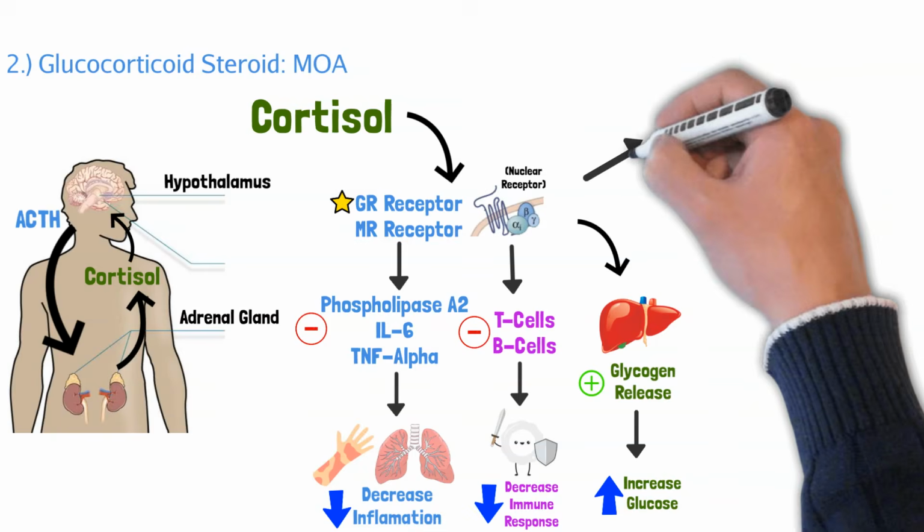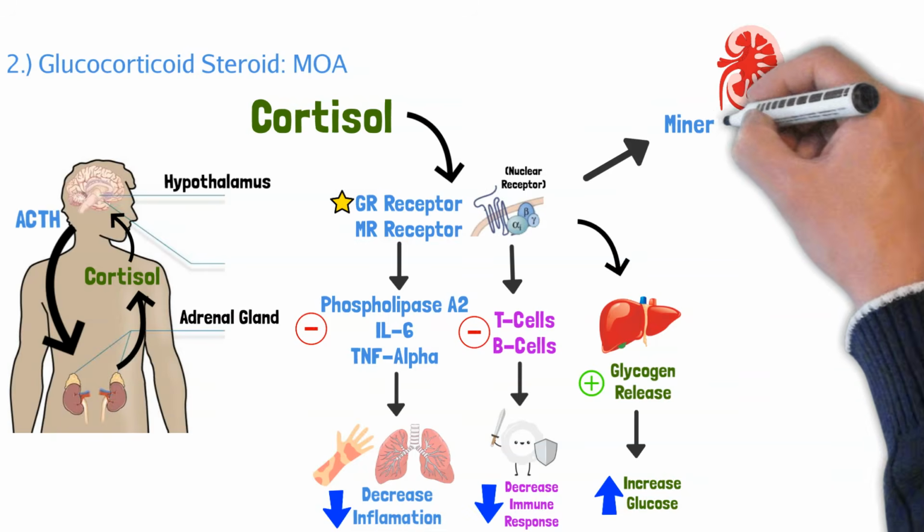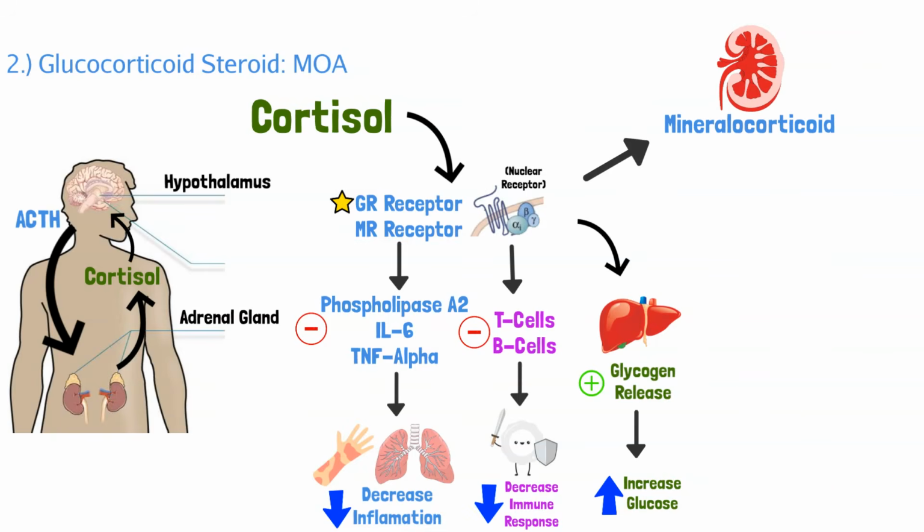And as a bonus, let's just talk about mineralocorticoid receptors real quick. And essentially, when we have a mineralocorticoid receptor, it will bind and cause sodium and water retention, some potassium excretion. So essentially, that's the fluid and electrolyte balance that we talked about earlier. And this is a good baseline to understand how these drugs work.